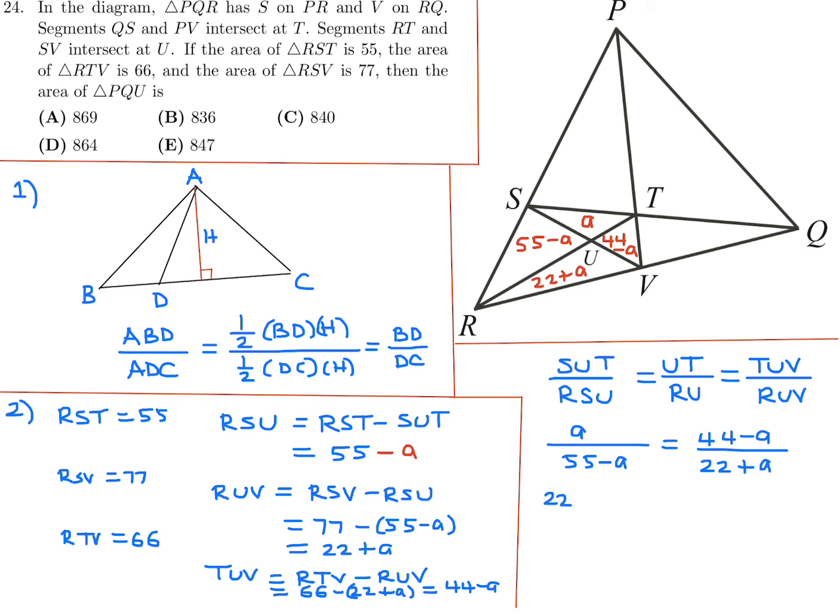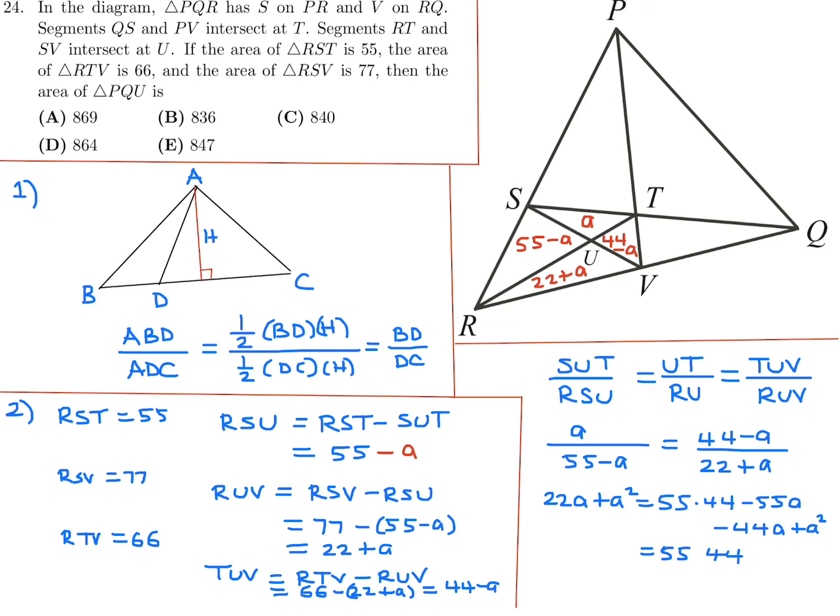Cross multiply, you get 22A plus A squared. On the other side, you get 55 times 44 minus 55A minus 44A plus A squared. Okay, so the A squareds will go on both sides, and all you're going to be left with is 55 times 44.